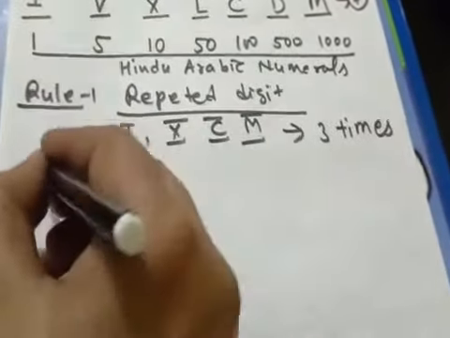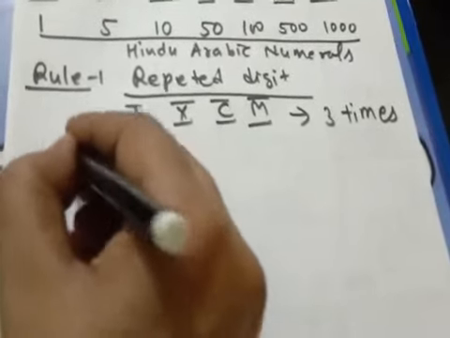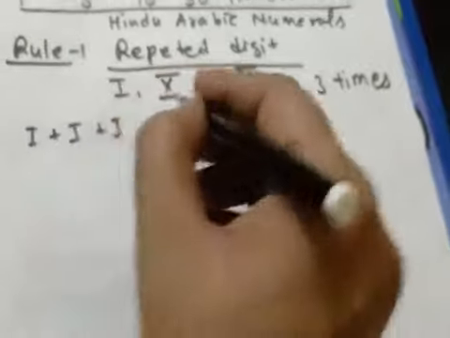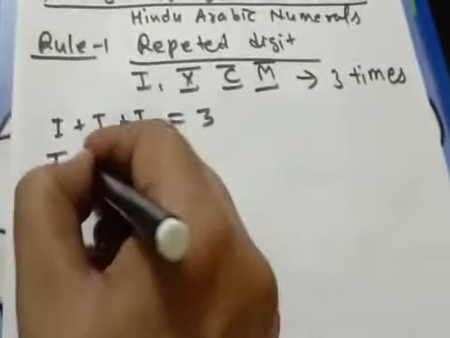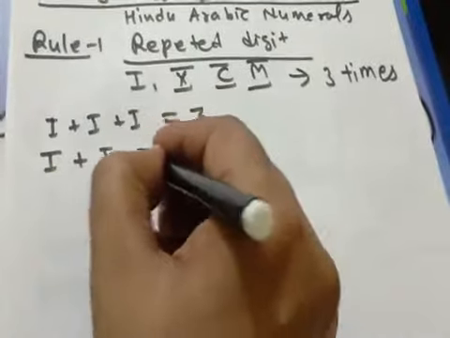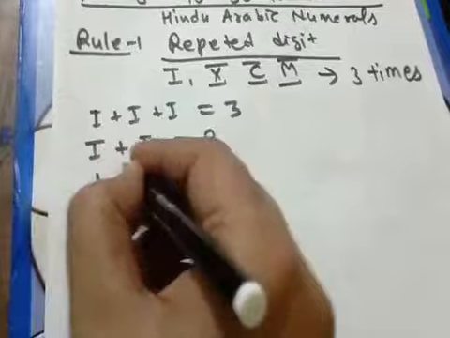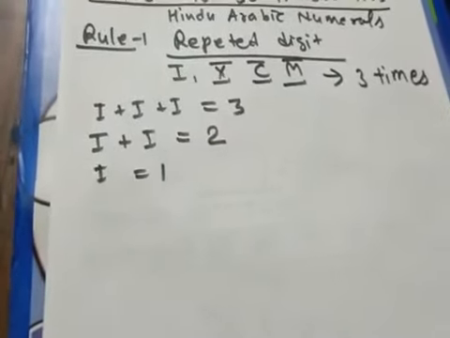How? I plus I plus I becomes 3. If we have only 2 times, I means 2 only. If it is 1 time only, the value is only 1.